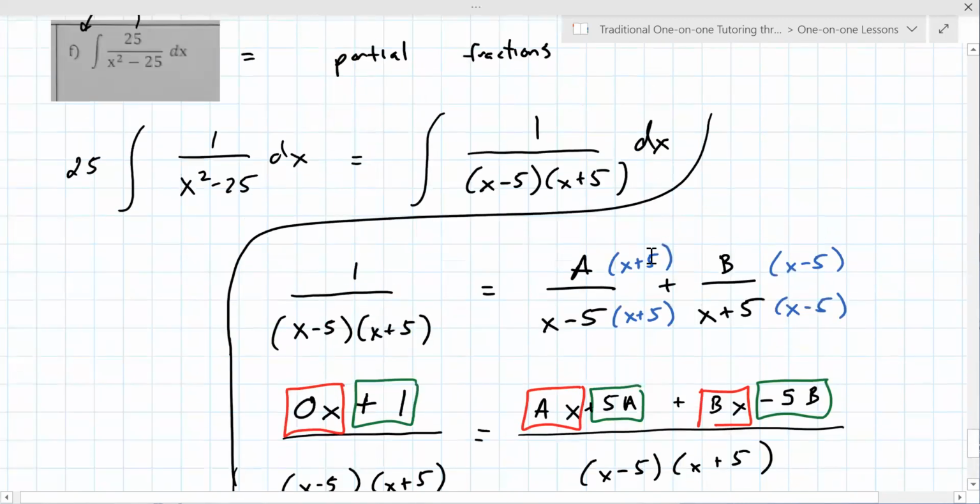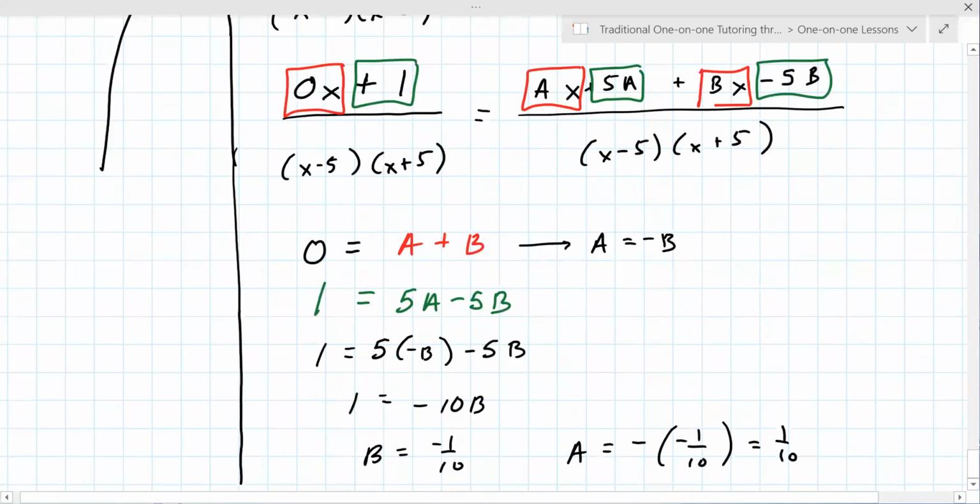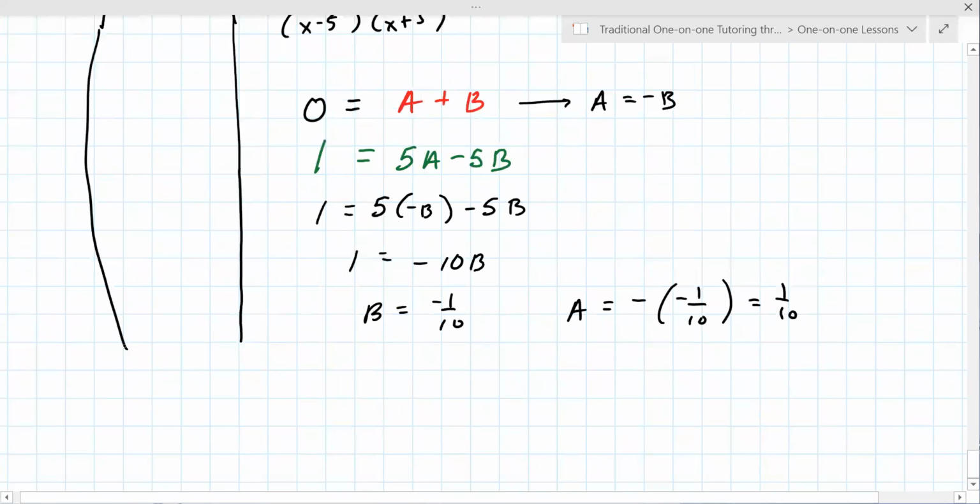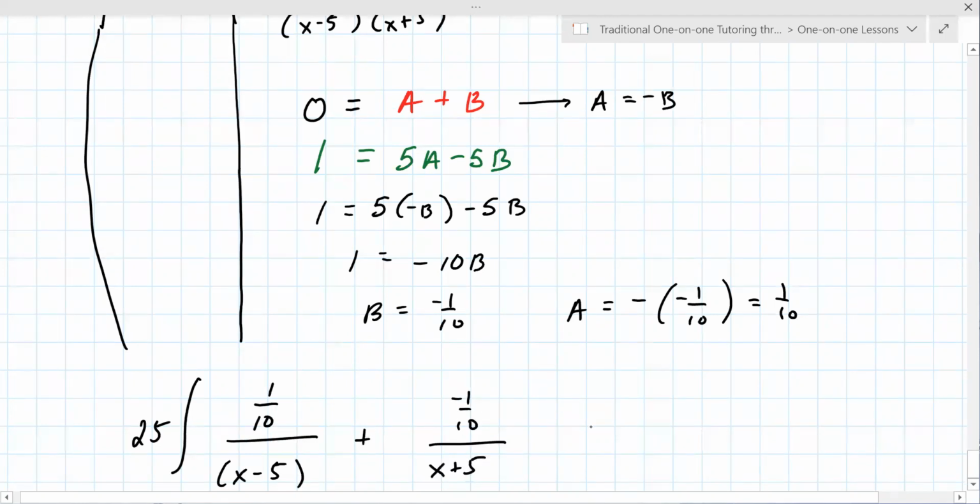Yep. So we go back to this line right here, and we bring it down, all the way down. And so what we're doing now is 25 times the integral of 1 over 10 times x minus 5 plus negative 1 over 10 times x plus 5 dx.